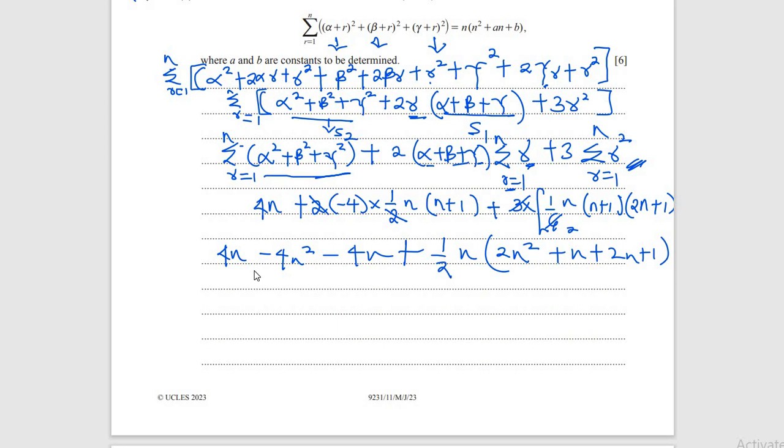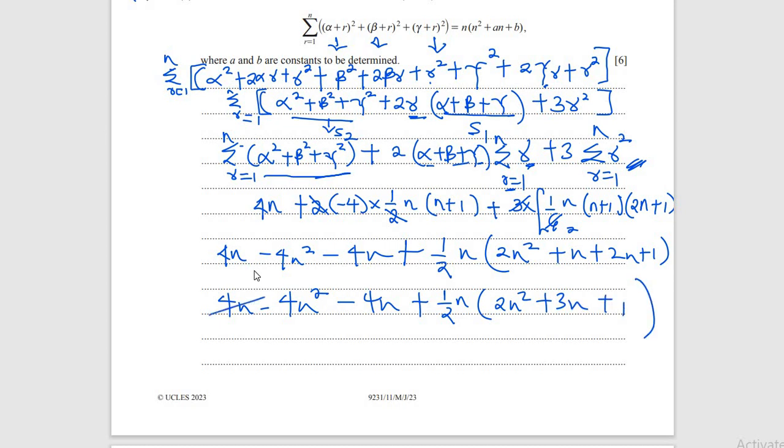So from there we have 4n minus 4n squared minus 4n squared minus 4n plus, open the bracket by half n. So it will give us, half n into bracket 2n squared plus 3n plus 1.